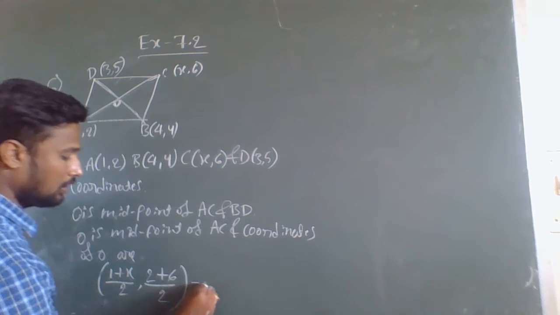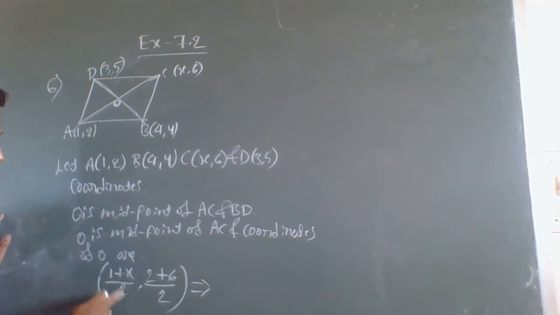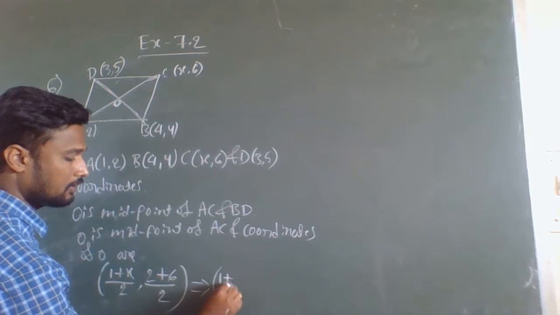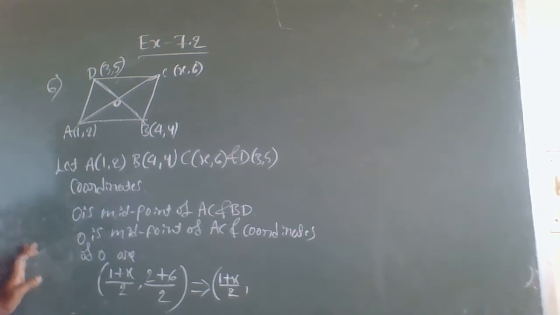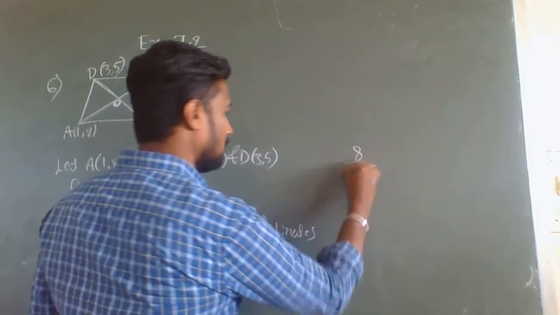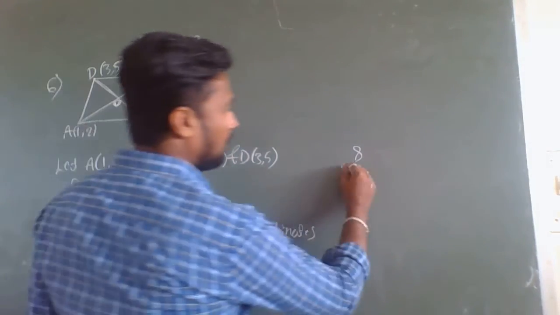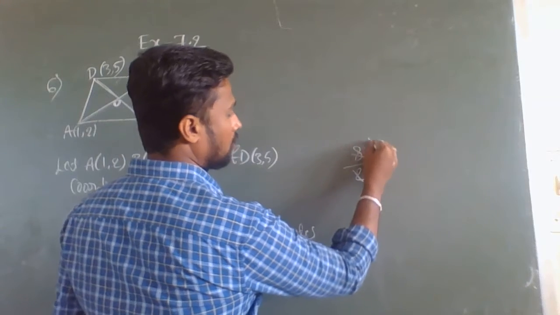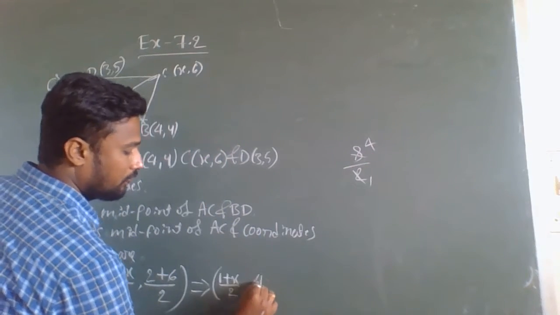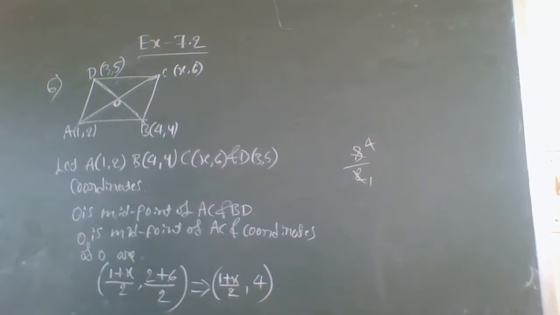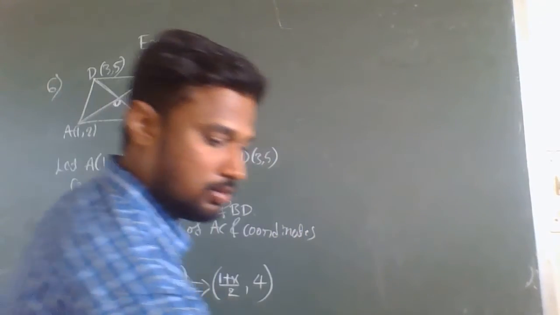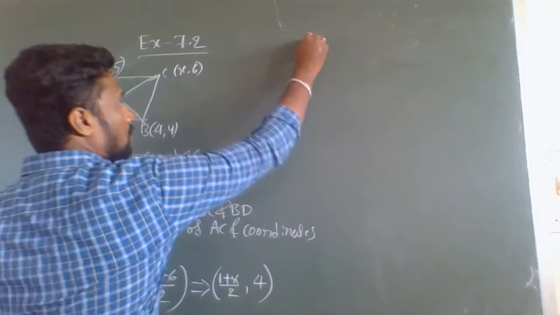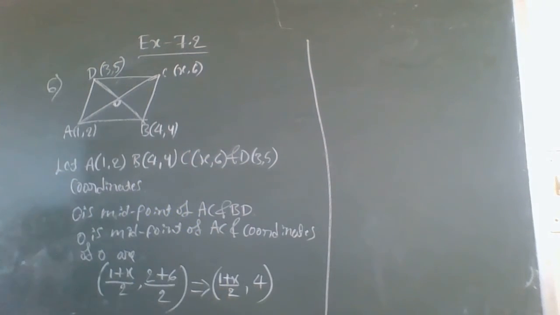So now, here what we will get? 1 plus x by 2, I will write it as it is only, comma, 2 plus 6 means 8 by 2. 8 by 2 means 4. So here we will get 4 as the y coordinate. Like this only.